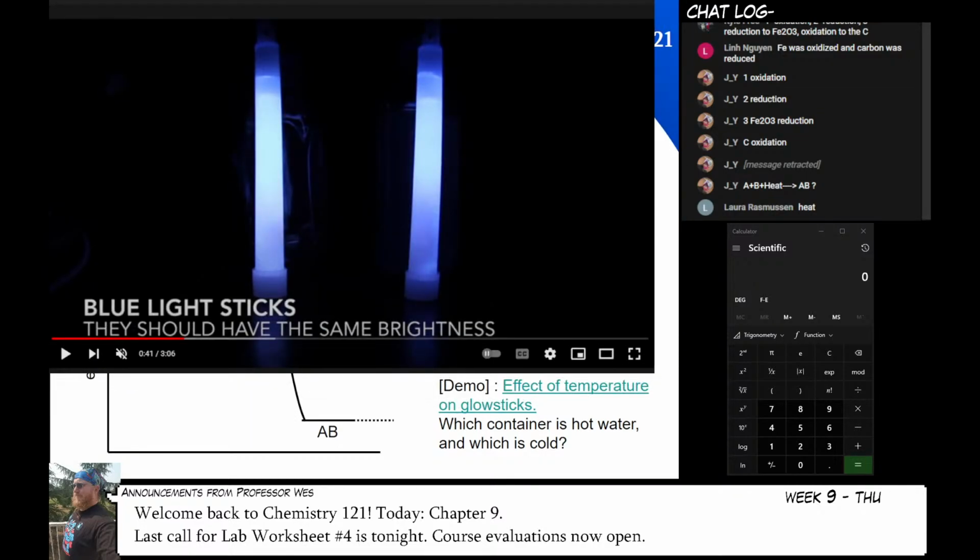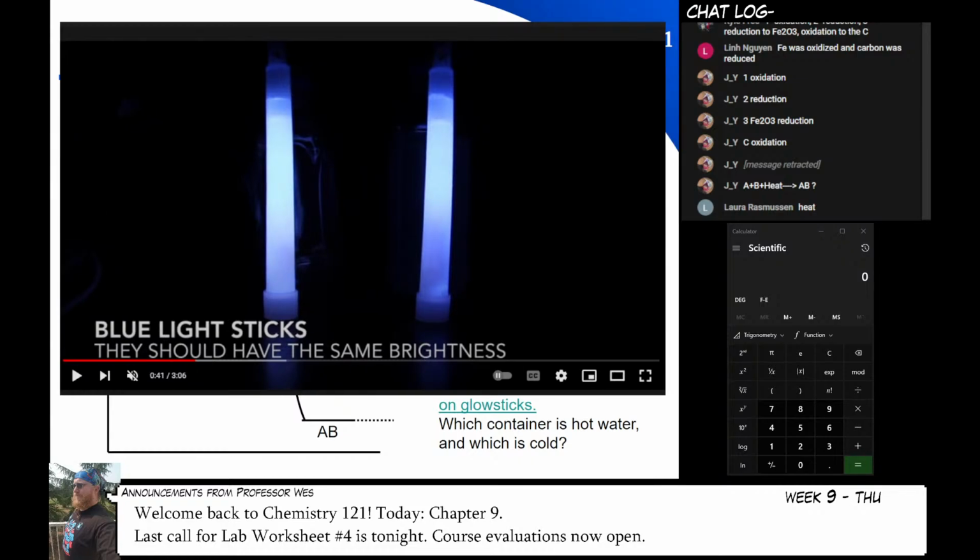All right. So we have two glow sticks here. And what we're going to do is immerse these into different beakers that have different temperatures. So they should have the same brightness, although in my opinion, oops, I didn't mean to like the video. I feel like the one on the right is a little less bright, but in the middle, they're pretty comparable.